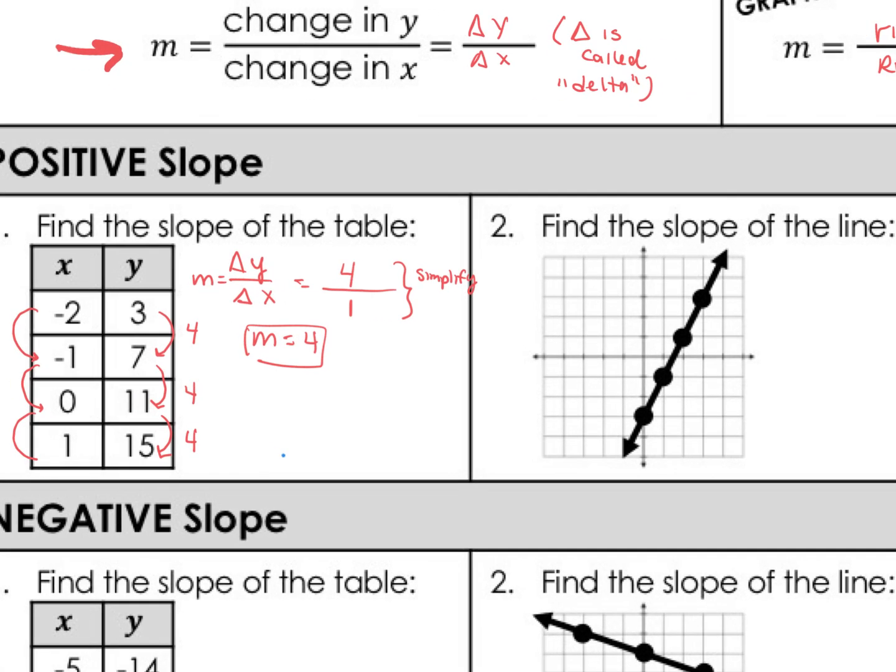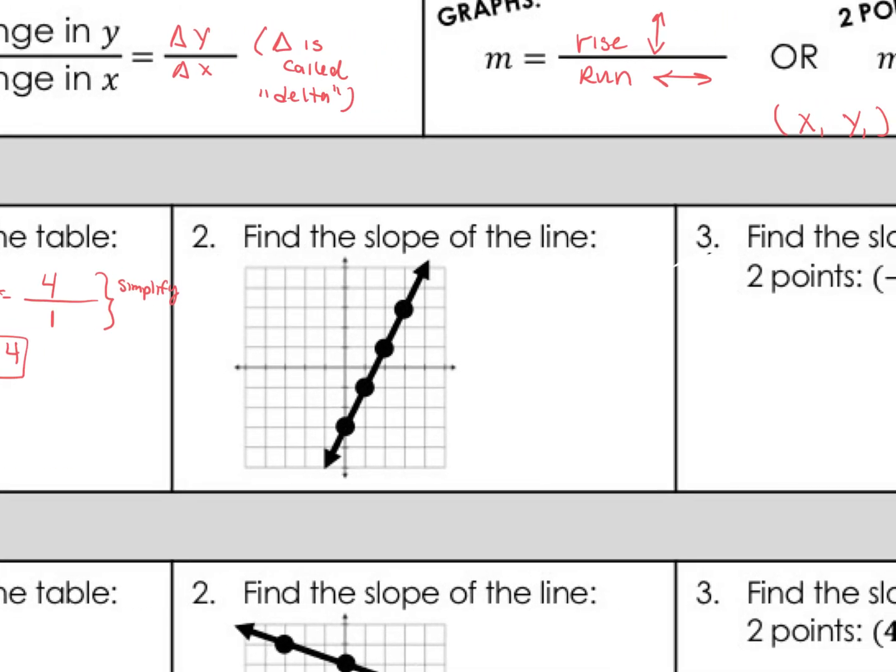When you're finding the slope of a line, it is the change in y over the change in x, which is the rise over the run. And again, we said the rise is up and down, and the run is left and right.